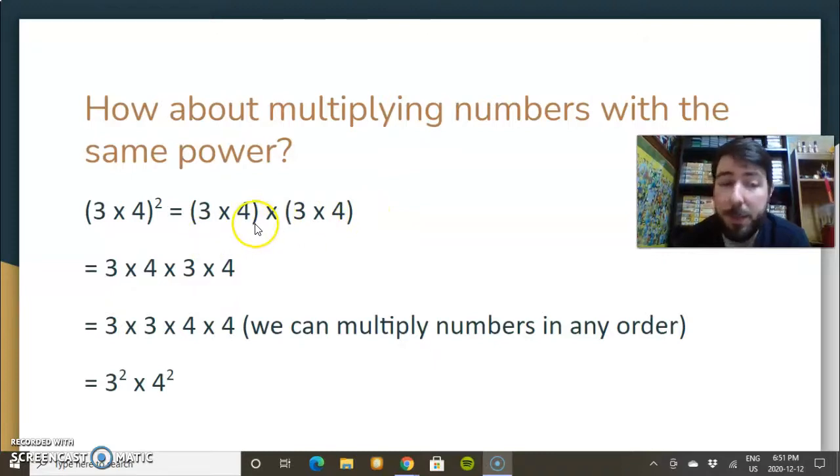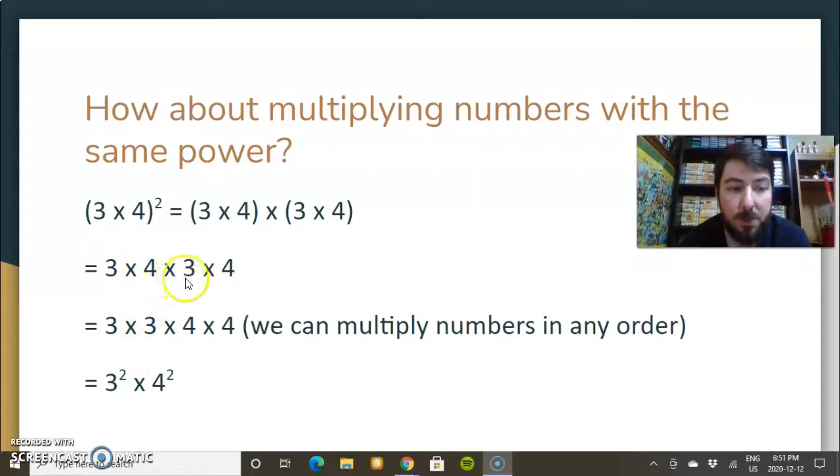Now because it's multiplication and we're just multiplying everything, we can get rid of these brackets and we just say that's 3 times 4 times 3 times 4. So it's just like saying 3 times 2 is the same thing as 2 times 3. You can do it in whatever order you want, which is what happens here.